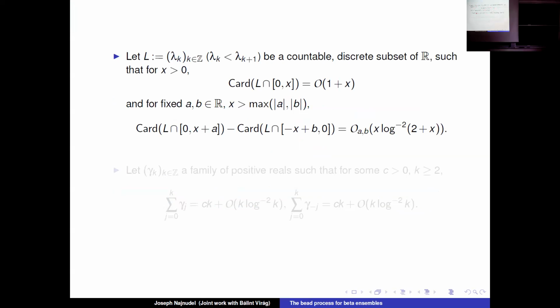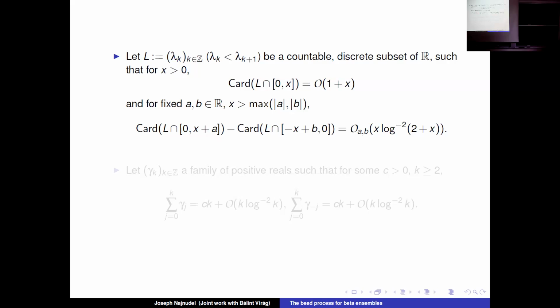And here, in fact, what matters is basically the variation of the number of points in different intervals. So if we have intervals of size of order x, then the difference between the number of points in the two intervals grows lower than x.